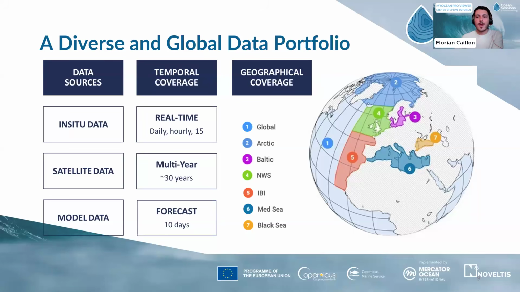The service offers a vast and diverse catalog, real-time data, up to 10 days forecast, and up to 30 years of historical reanalysis, covering the global ocean and Europe's key regional seas. This makes the data valuable for both scientific and operational applications.